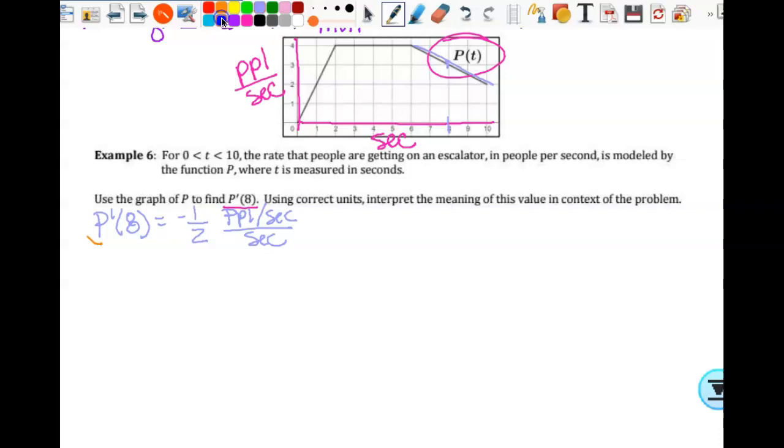Okay, so using correct units, we're going to say, so p prime is the rate at which P is changing. P is the rate that people are getting on an escalator. Okay, so the rate that people are getting on an escalator.